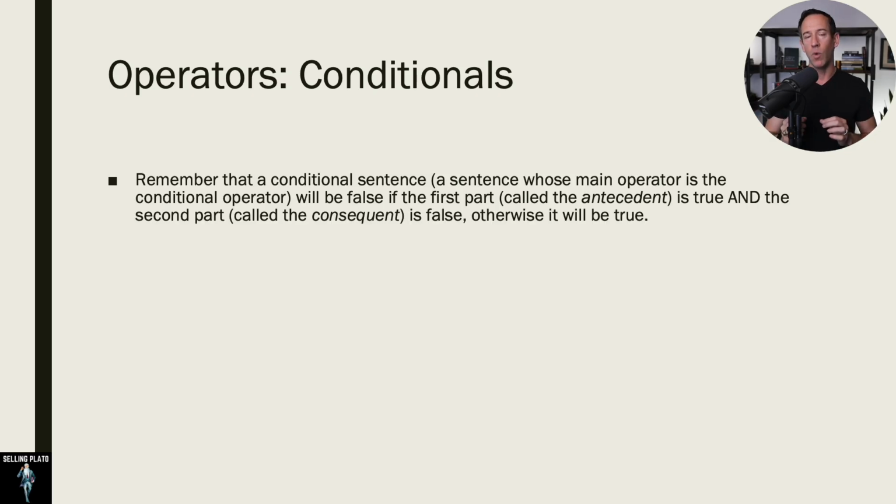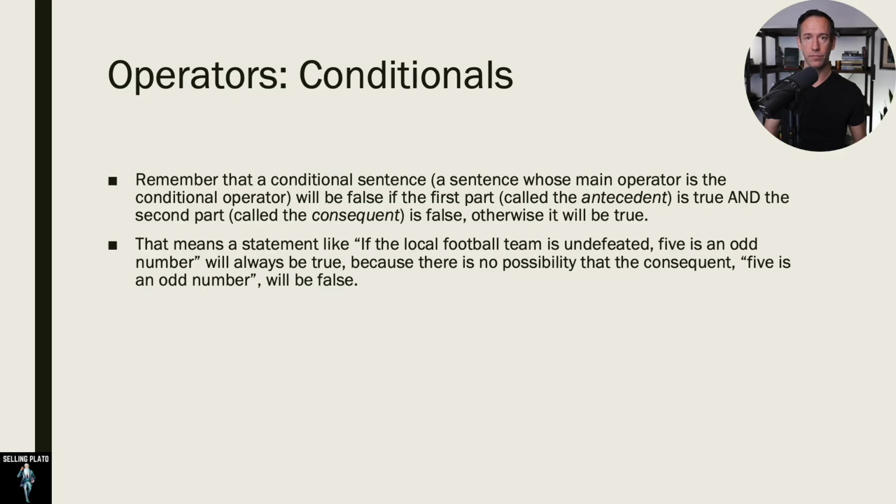Well, remember that a conditional sentence, a sentence whose main operator is the conditional operator, is going to be false if the first part, which we call the antecedent again, is true, and at the same time, the second part, called the consequent, is false. In any other case, the whole statement's going to be true. So what does that mean? It means that the conditional can sometimes do weird things that we aren't used to in English.